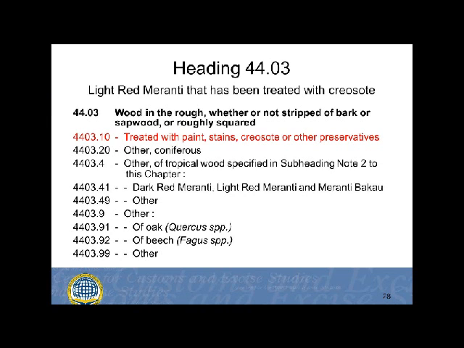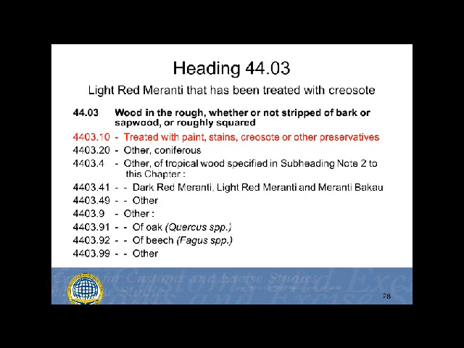Let's look at light red Meranti that has been treated with creosote. Again, we compare the 1-dash subheadings. Although the various types of Meranti are tropical woods as defined by subheading note 2, subheading 44034 covers other of tropical woods. Other than what, we may ask?